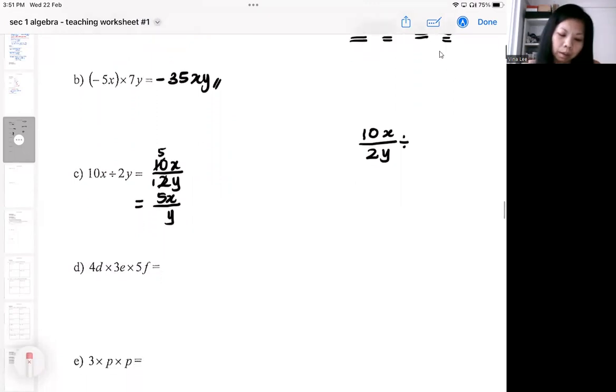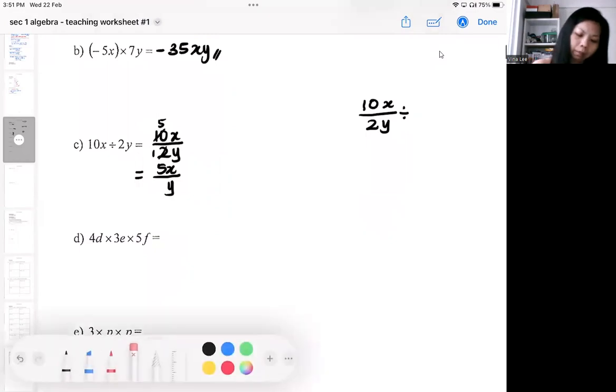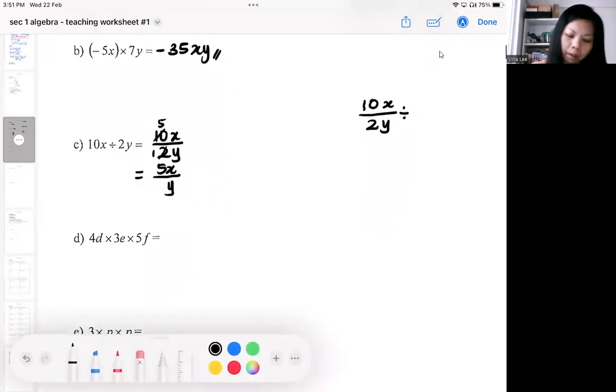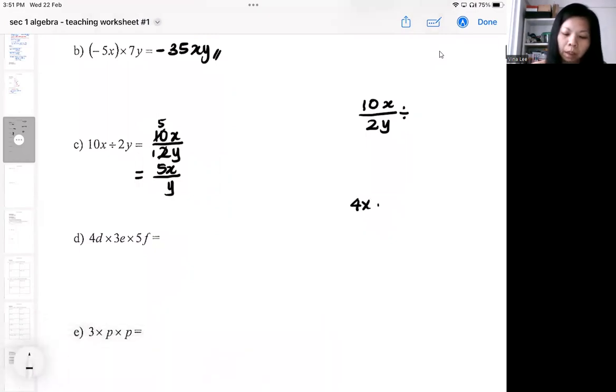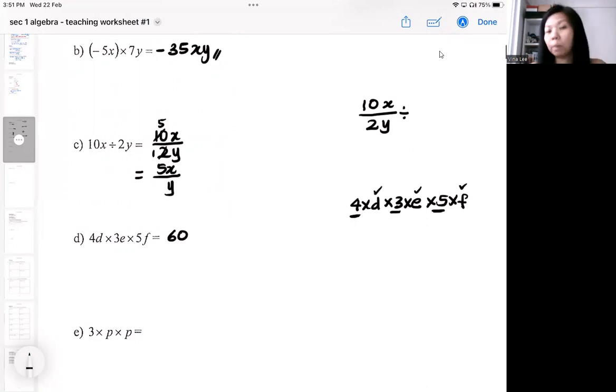The next one has a longer product. Even with the longer product, it actually means 4 times d times 3 times e times 5 times f. So you just punch your calculator, 4 times 3 times 5, that will be 60. And the rest of the algebra that you're going to multiply, you just multiply them.